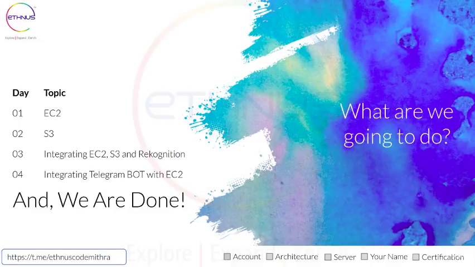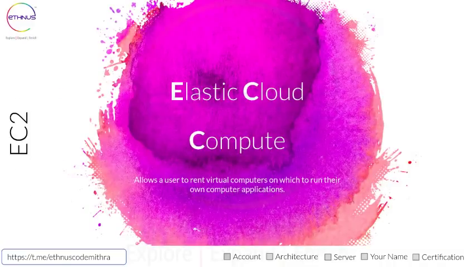Day 3 we'll be talking about how to integrate EC2, S3 and recognition. Day 4 we'll be integrating the Telegram bot with our EC2. And that will complete our entire project. So this is the flow for the entire 4 days. Now without any further delay, let's get started with cloud computing.